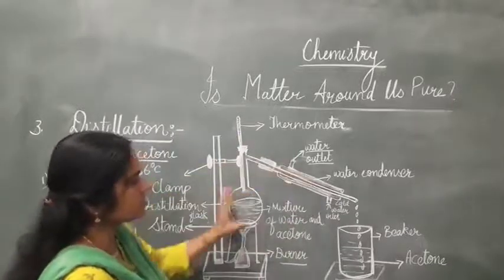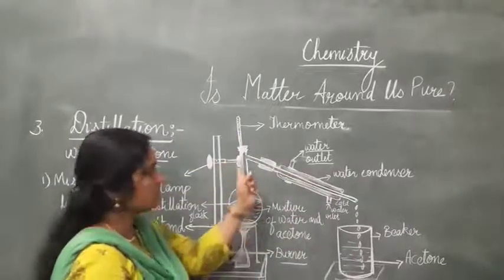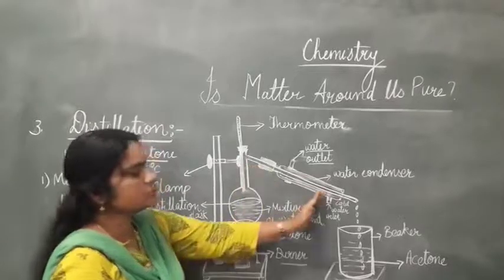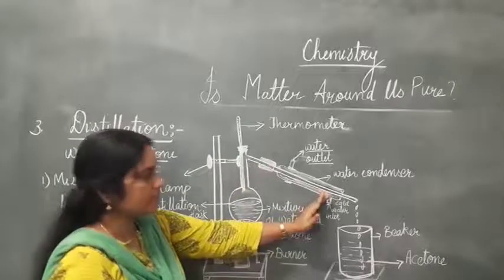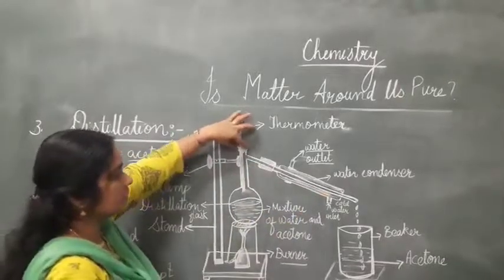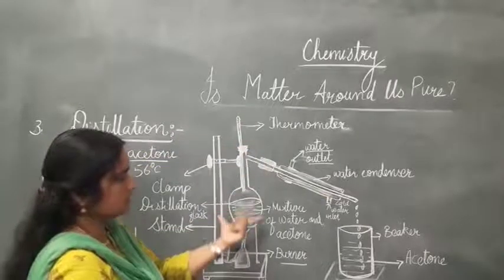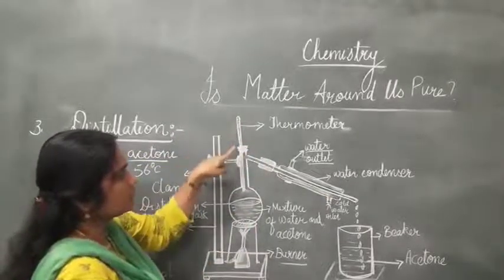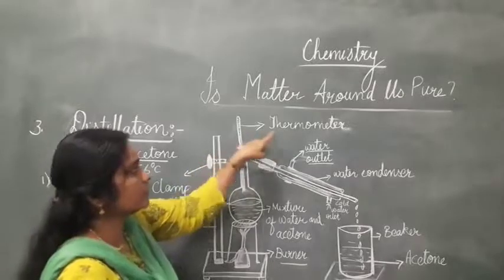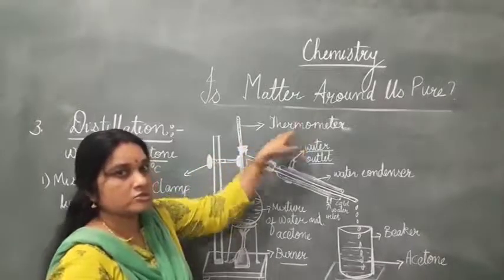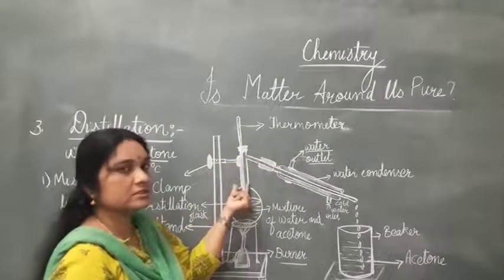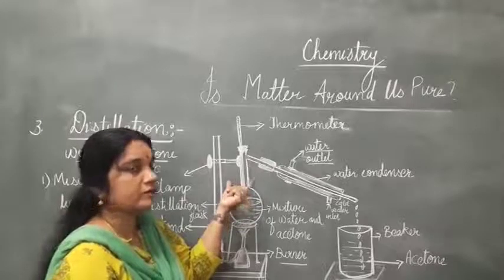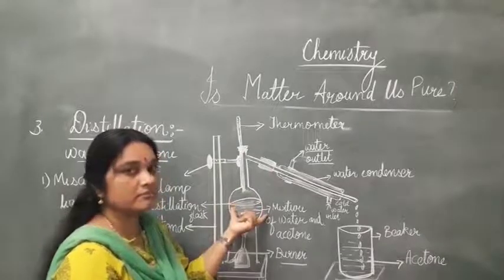This whole apparatus is known as the distillation flask, which has a side tube through which one of the vapors will pass. It is a round bottom flask. One more precaution is to keep the thermometer, which is used to measure the boiling point of the vapor being formed.